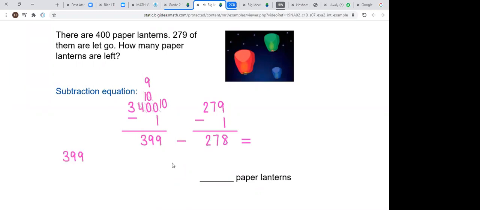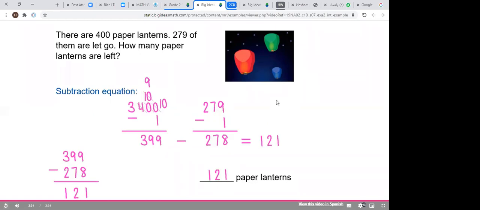Rewrite the subtraction equation. 399 minus 278 equals what number? 9 ones minus 8 ones equals 1 1. 9 tens minus 7 tens equals 2 tens. 3 hundreds minus 2 hundreds equals 100. So 399 minus 278 equals 121. There are 121 paper lanterns left.